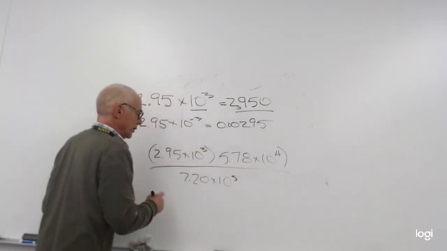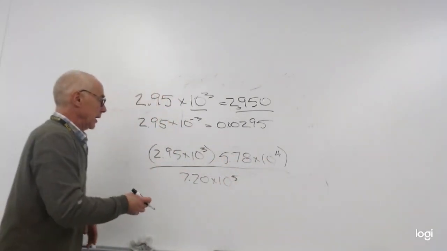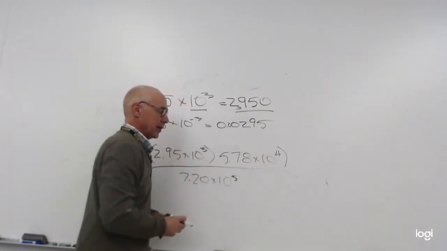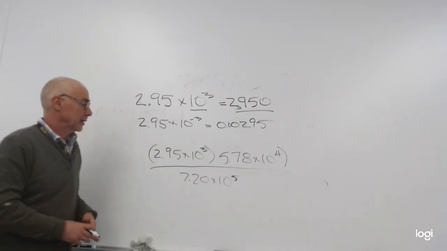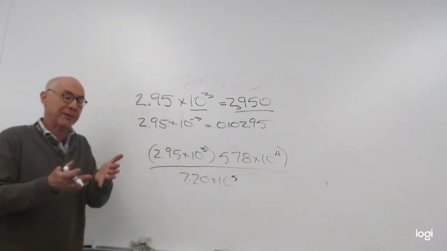What we can do is take all these tens and pull them together. Multiplying 10 to the third times 10 to the fourth is just 10 to the seventh. And then dividing by 10 to the fifth means you end up with 7 minus 5, 10 squared.